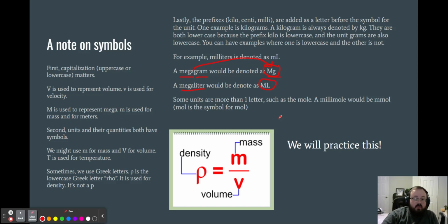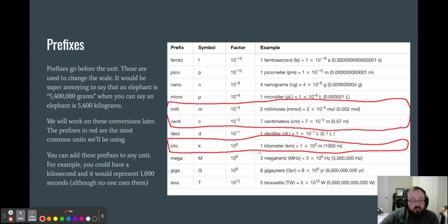Some units have symbols that are more than one letter. So I actually want to go back to another slide. It's actually good. For example, a mole is the unit for amount of stuff of a substance. We're going to talk about moles. They're very important.